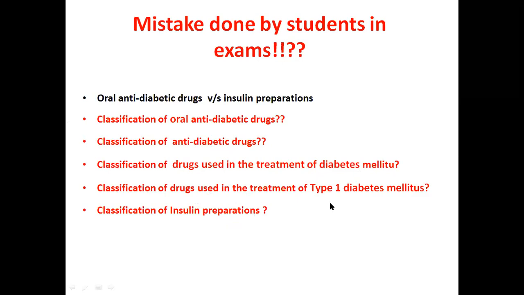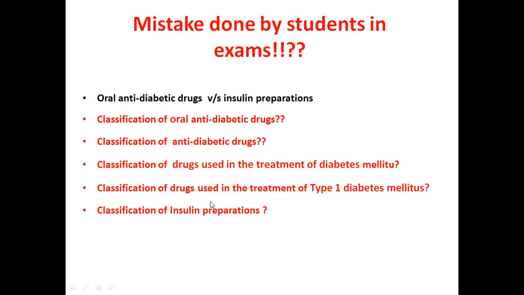If the question is treatment of type 1 diabetes mellitus, please read the question at least thrice before writing an answer, especially for the main questions. Because if you miss the word oral and just write insulin preparations, it carries 0 marks. So make sure that the question asked and the answer you are going to write are appropriate.